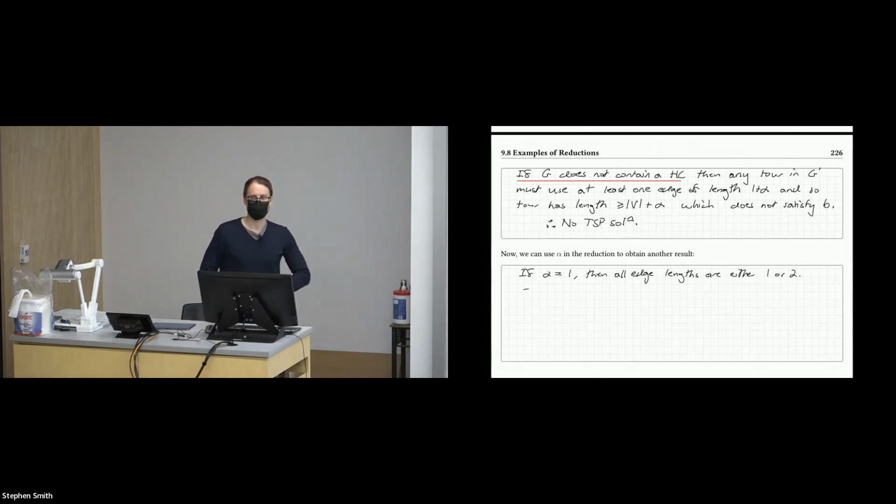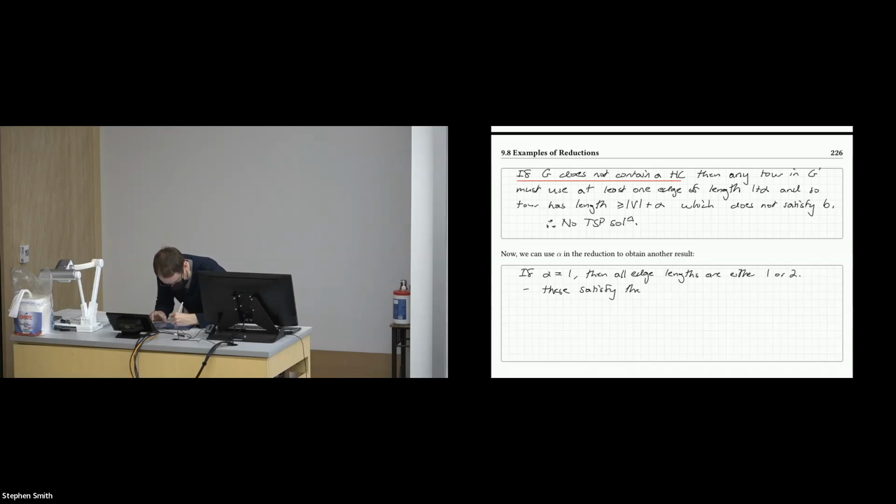These edge lengths satisfy something called the triangle inequality, which says that the length of the edge from I to J plus the length of the edge from J to K has to be greater than or equal to the length of the edge that goes directly from I to K. So the picture looks, right, you just have 3 vertices, I, J, K, and you have these edges.